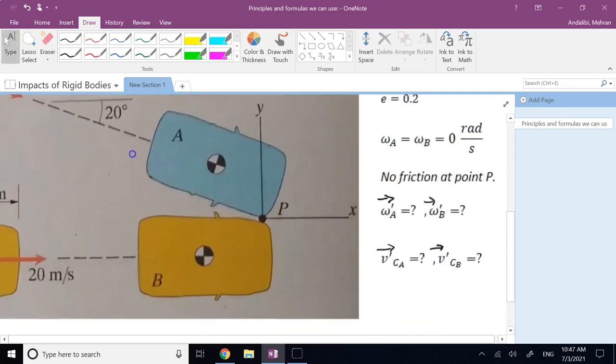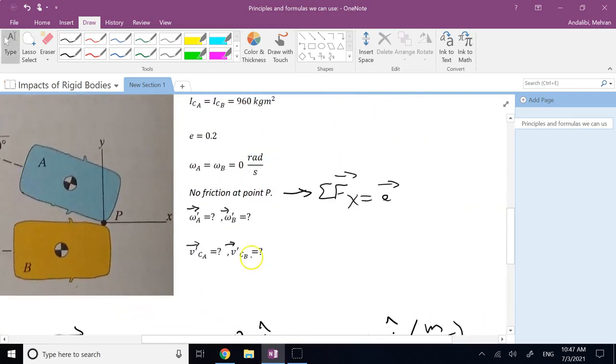Okay, so how many unknowns in general do I have to solve for? Each one of these vectors has an x component and a y component, so there are 4 unknowns here. And I have two omegas, and omega is about z, so there is only one magnitude unknown each, so that's also 2 unknowns.